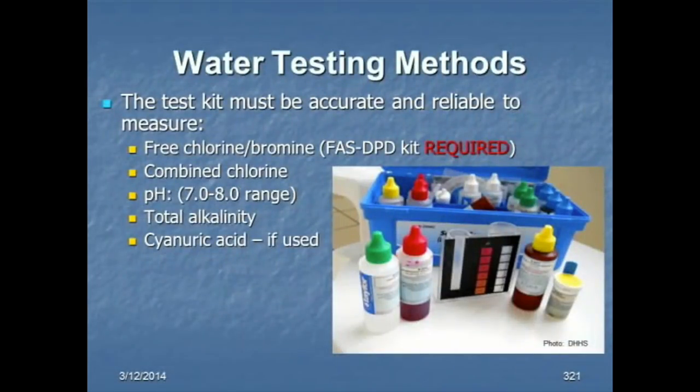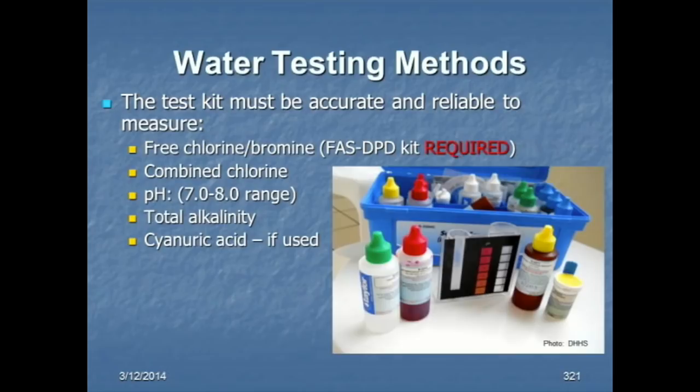Your test kit that you use to test the water needs to be accurate and reliable. Make sure that you are using the free available chlorine/bromine FAS DPD process. That is the type of process that needs to be used to test those two chemicals, chlorine or bromine, FAS DPD.